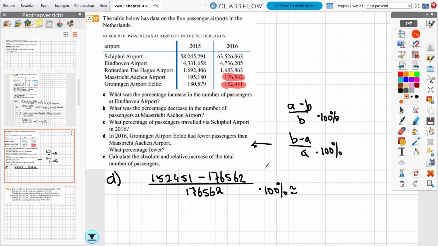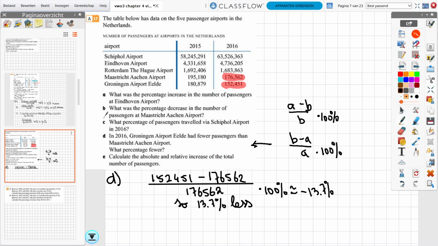And it should give you a negative answer because I already see that the numerator is going to be negative. Here you find minus 13.7% rounded. So 13.7% less is the answer.